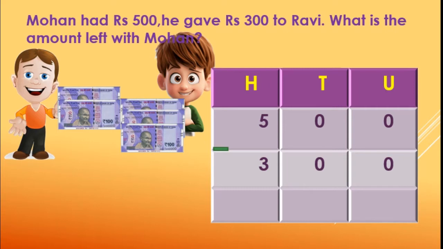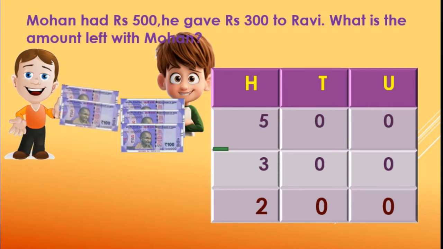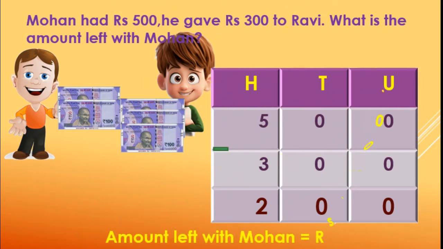Here 0 minus 0 is equal to 0. Tens place 0 minus 0 is equal to 0. In the hundreds column 5 minus 3 is equal to 2. Correct? Here 200 means 2 notes of 100 left with Mohan. How we will write? Like this. Amount left with Mohan is equal to rupees 200.